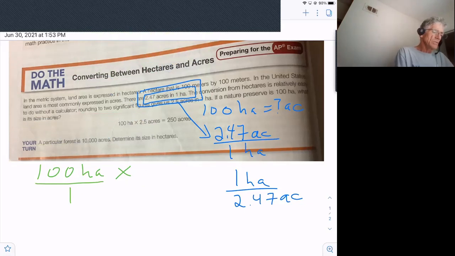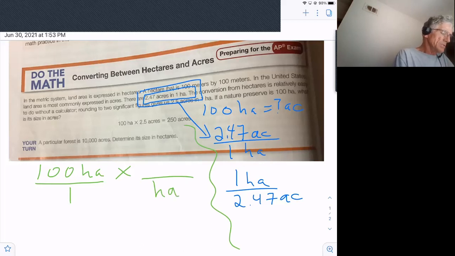The next thing you have to do is multiply it by the conversion factor, so that you get rid of the known term and change it to the term you're looking for, acres in this case. So I'm looking for acres.